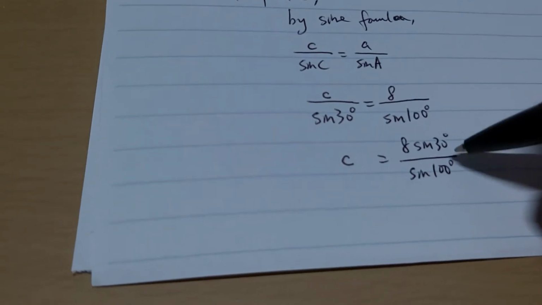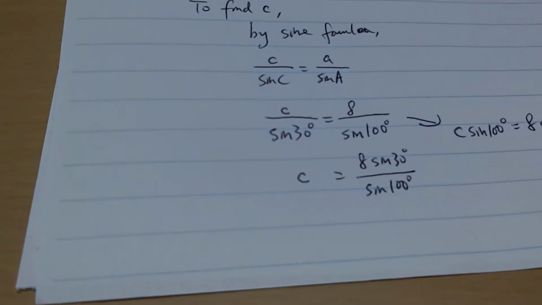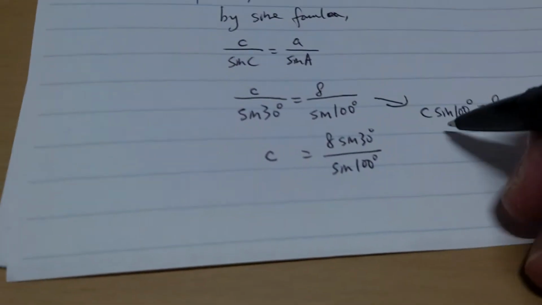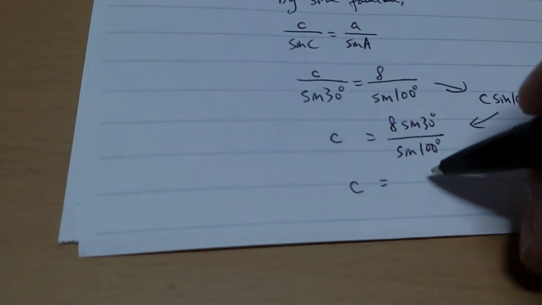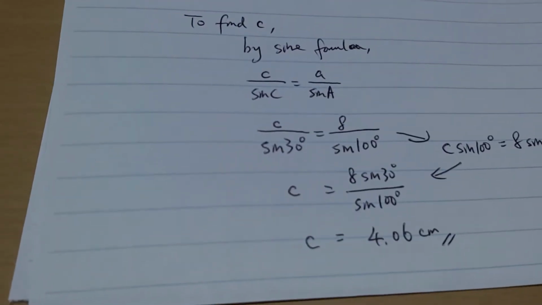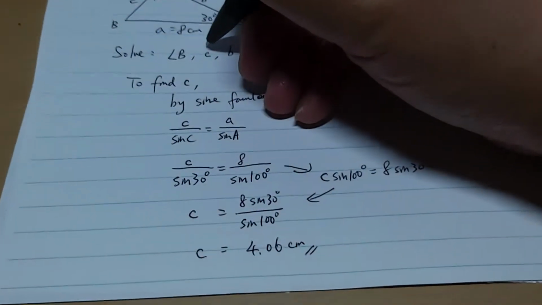If you don't know how to do this part, we can do cross multiplication first, then we can get this step. After using a calculator, the answer should be 4.06 cm. So we solve side c.